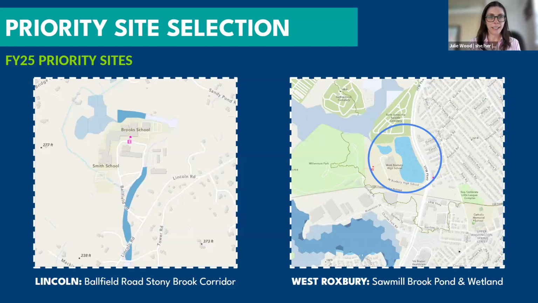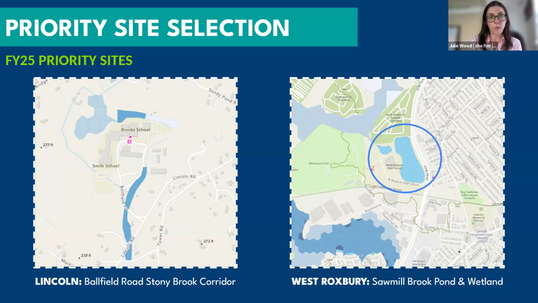Next slide. Here are the results of this year's prioritization process. 2 sites, one in Lincoln, the Ballfield Road or Stony Brook corridor, right by the school and future site of the community center. And then West Roxbury, the Sawmill Brook Pond and wetland adjacent to the former site of the West Roxbury High School.